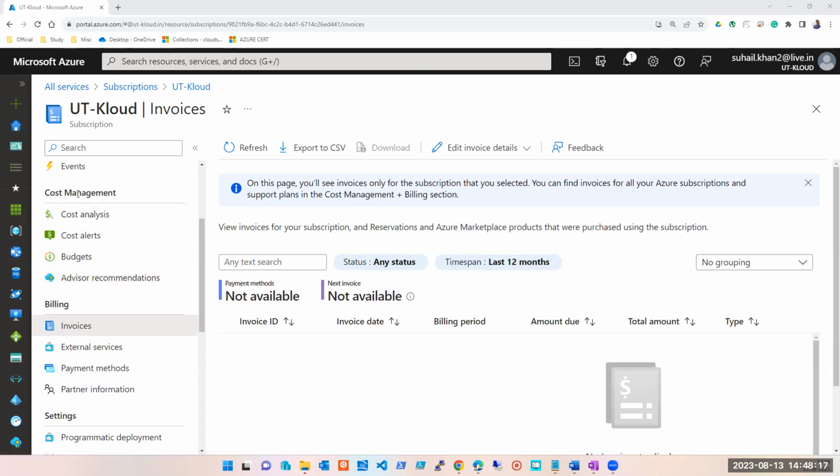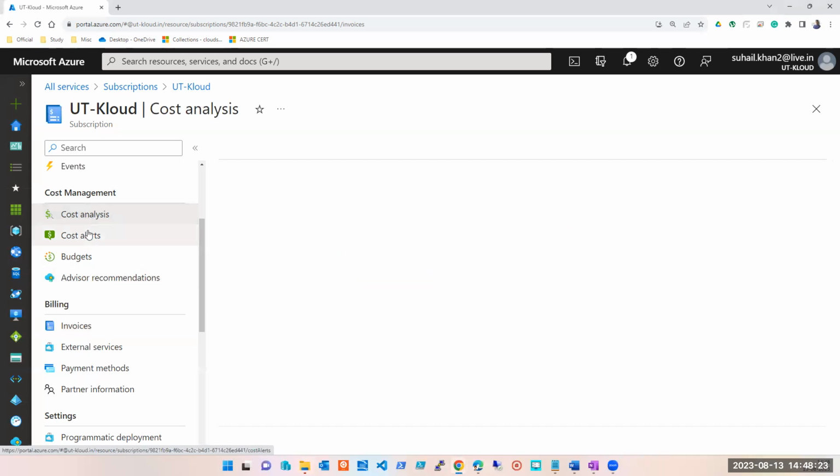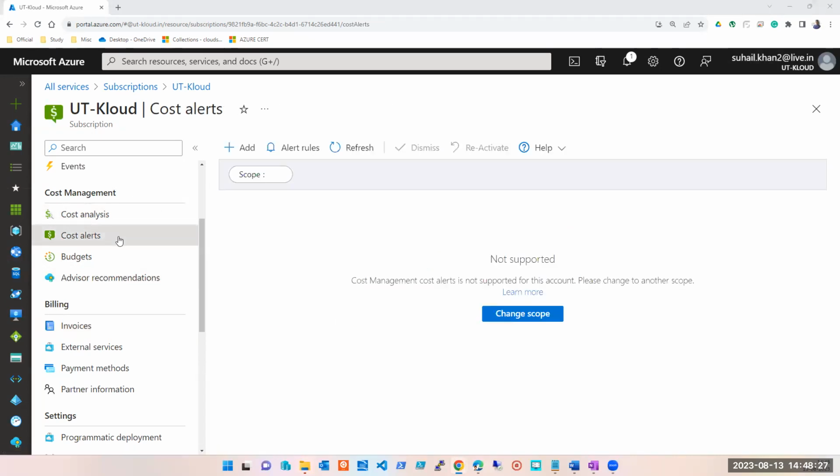Under cost management, Azure gives you features where you can do cost analysis and cost alerts. I hope you can understand by the name what an alert is; it's self-explanatory. You can understand what a budget is.